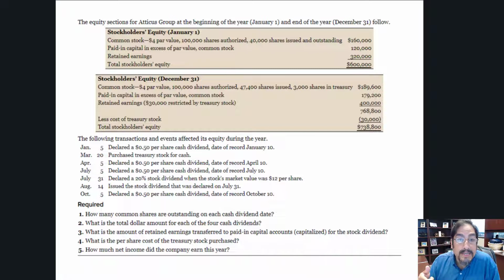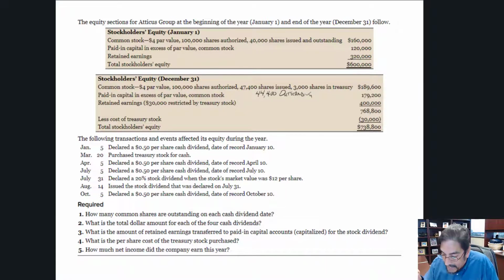We can also see we started off with 40,000 shares issued and outstanding, but we finish with 47,400 issued, 3,000 in treasury. So we know that 47 minus 3 is 44. That means there is 44,400 outstanding.